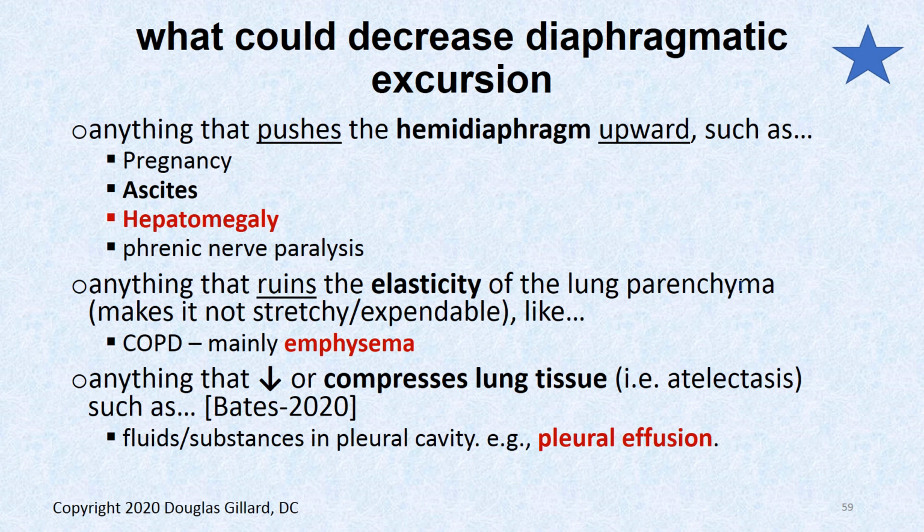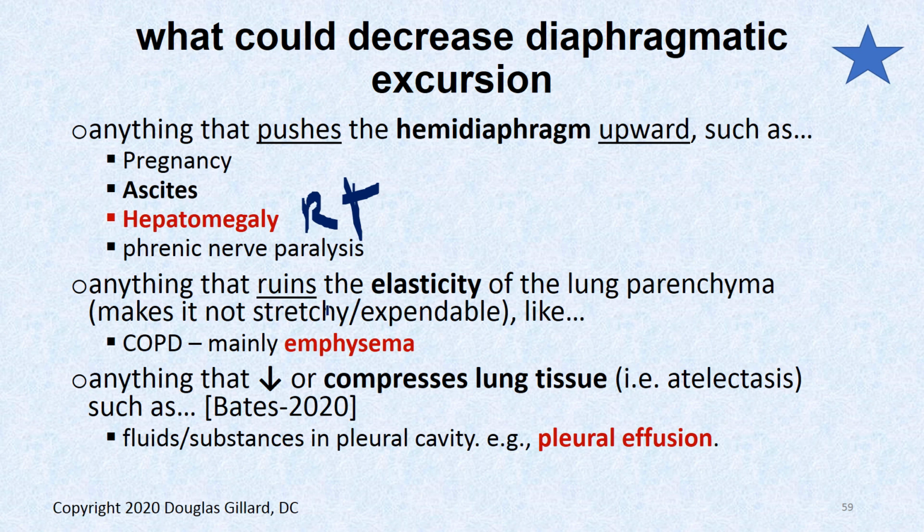Okay, so what could cause a decrease in diaphragmatic excursion then? Well, a bilateral decrease could be pregnancy or ascites, anything expanding the abdominal cavity. Hepatomegaly would decrease it, but only on the right side. Then phrenic nerve paralysis.